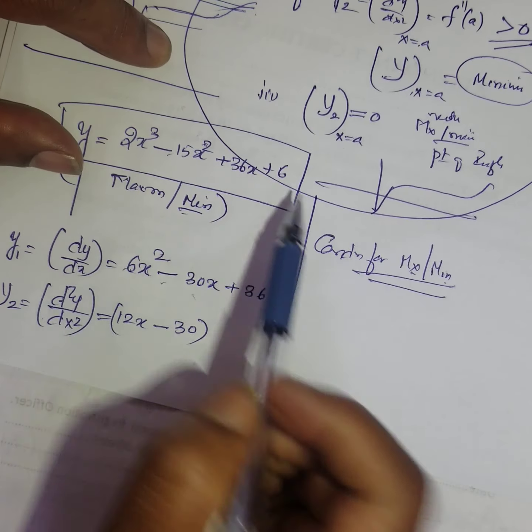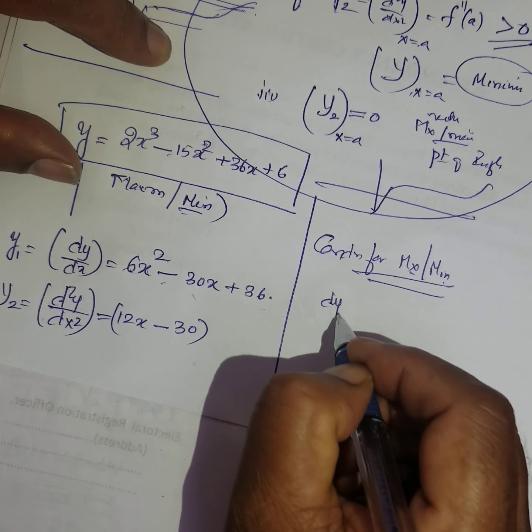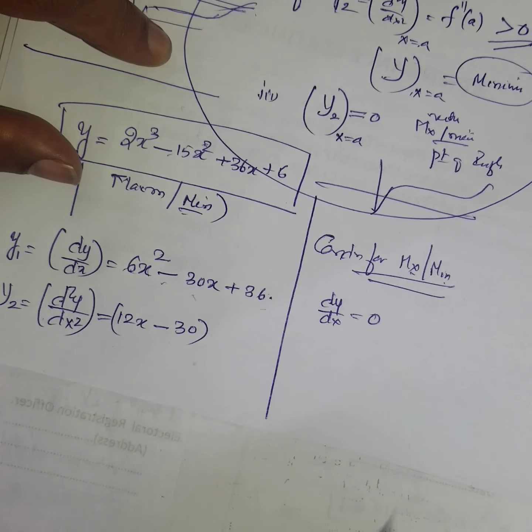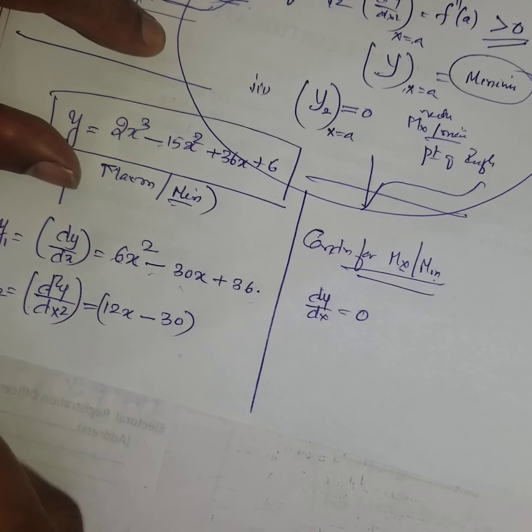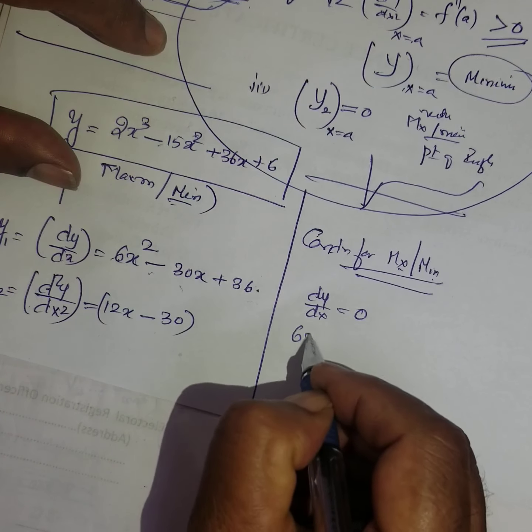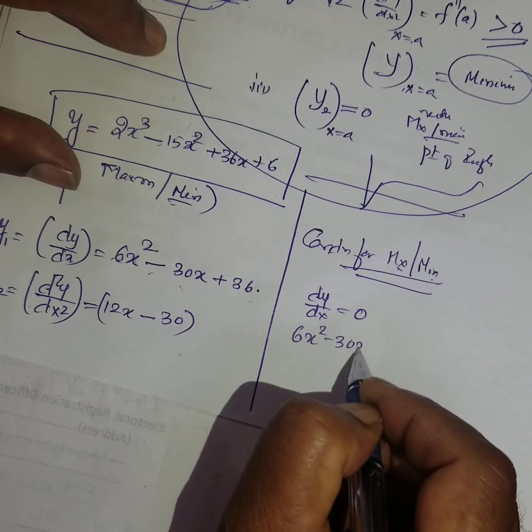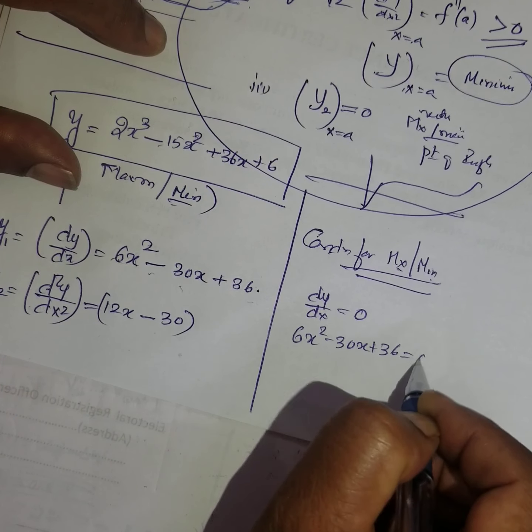The condition for the critical point is dy over dx equal to 0. dy over dx is this. That means this equal to 0. That means 6x square minus 30x plus 36 equal to 0.